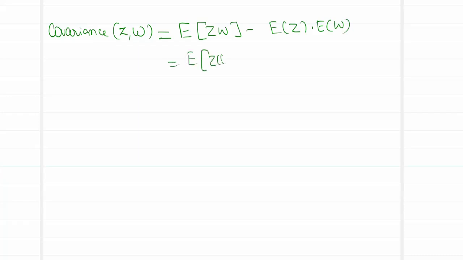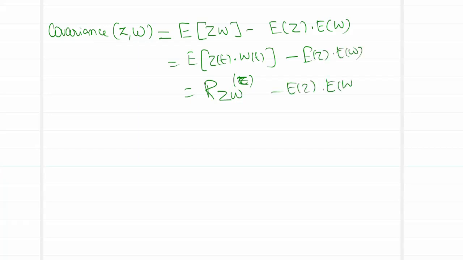E of Z of t into W of t is nothing but R_ZW of tau. What is going to be my tau over here? The time difference is what we have as input. And this is going to be minus E of Z into E of W. This will continue as such.